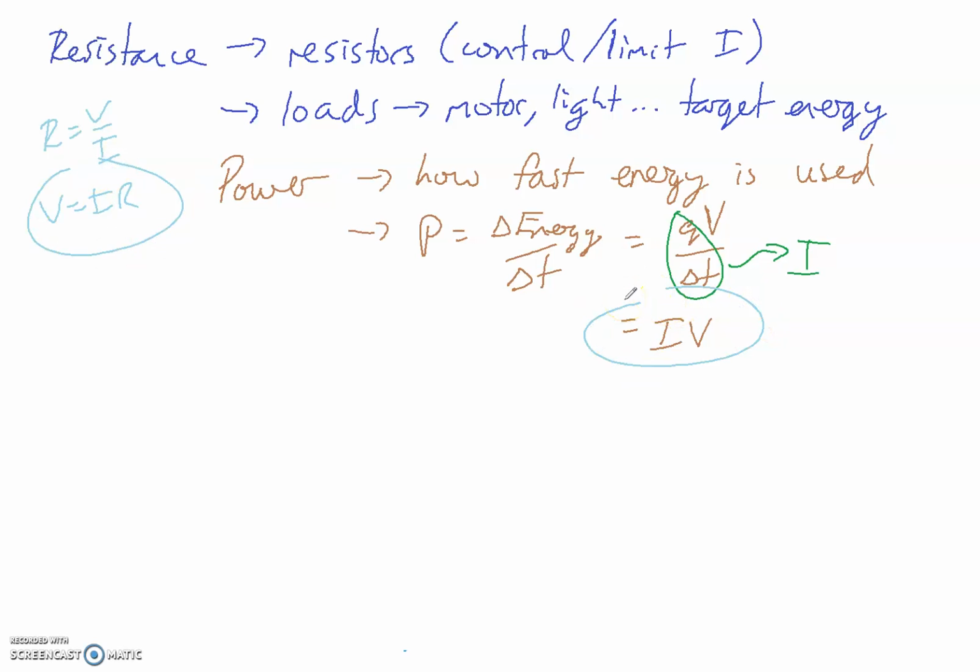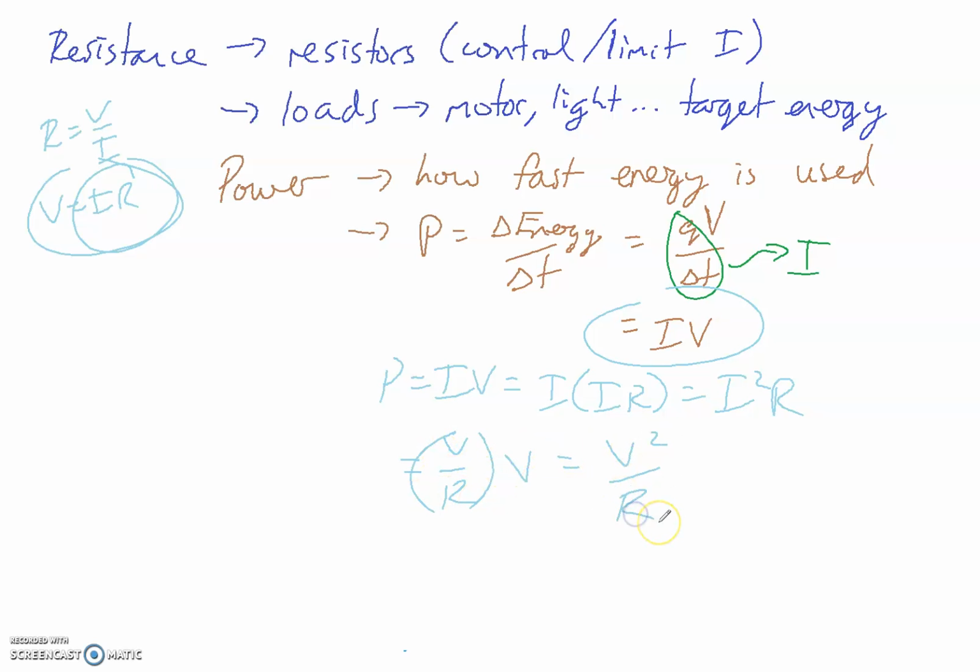For example, you can solve for power using current times voltage, but you could substitute this in for the V, and you've got I times R, which gives you I squared R. You can also rearrange this for the current, which would be V over R. So that could be V over R times V, which gives you V squared over R.